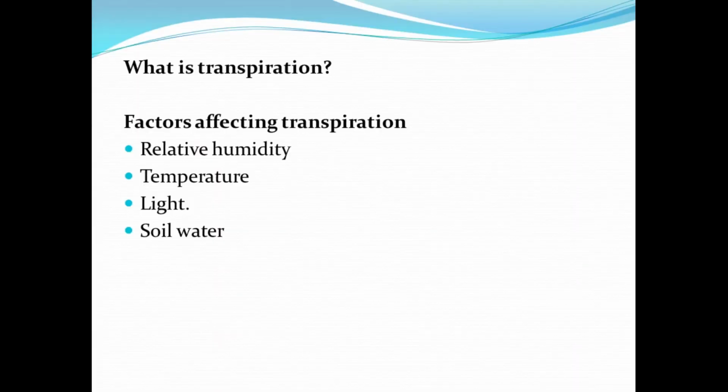The next factor that we are going to look at is soil water. Plants with adequate soil moisture will normally transpire at high rates because the soil provides the water to move through the plant. When the supply of water from the soil is limiting, the rate of transpiration tends to slow down. This is more pronounced where other conditions such as bright light and warm temperatures favor escape of water from the plant.